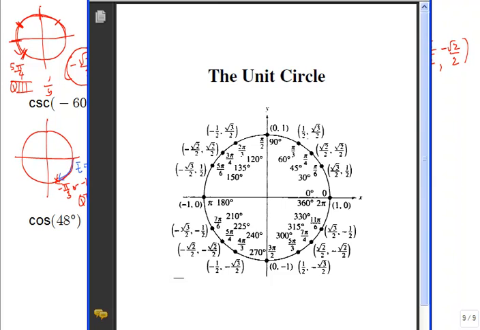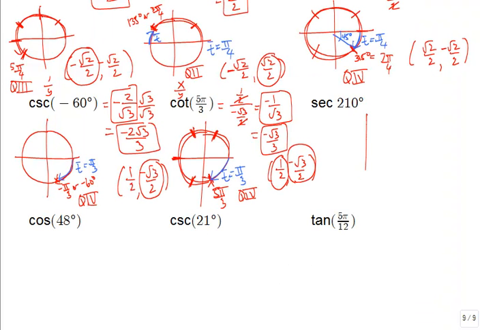So no matter how you think about it, you need to draw a picture and show that it's going to go 180 plus that additional 30, so it's going to land you right here at 7 pi over 6, or 210 degrees.